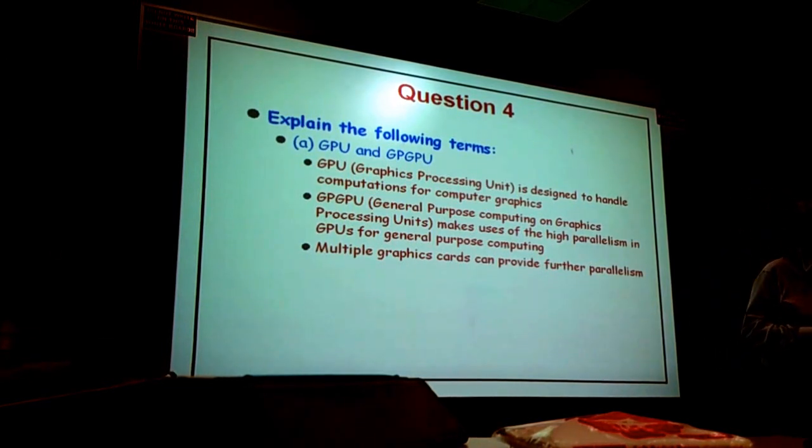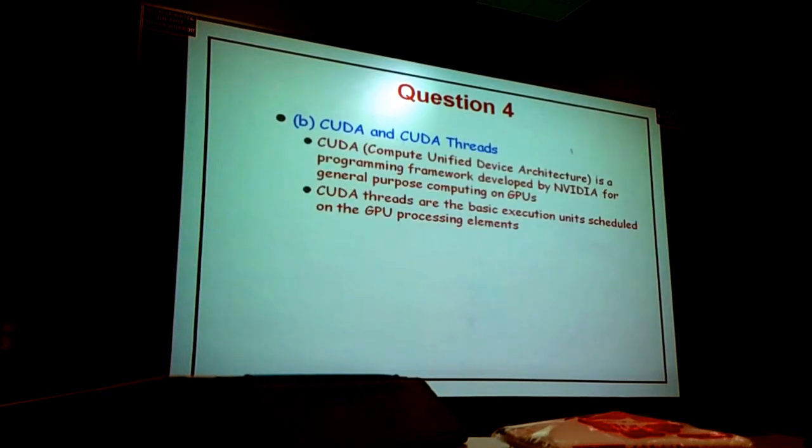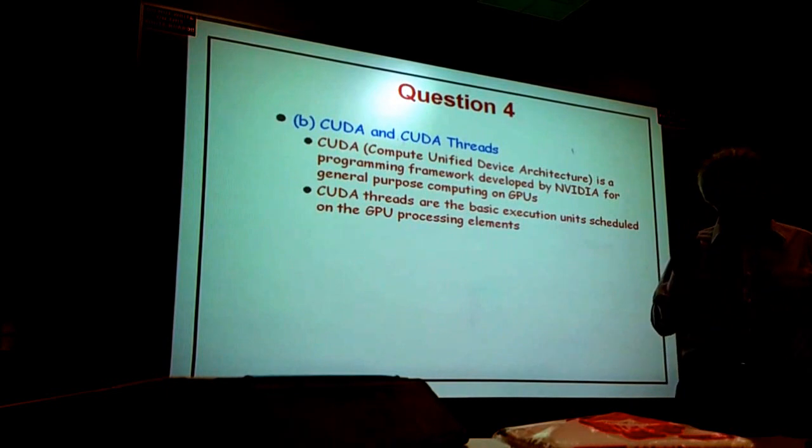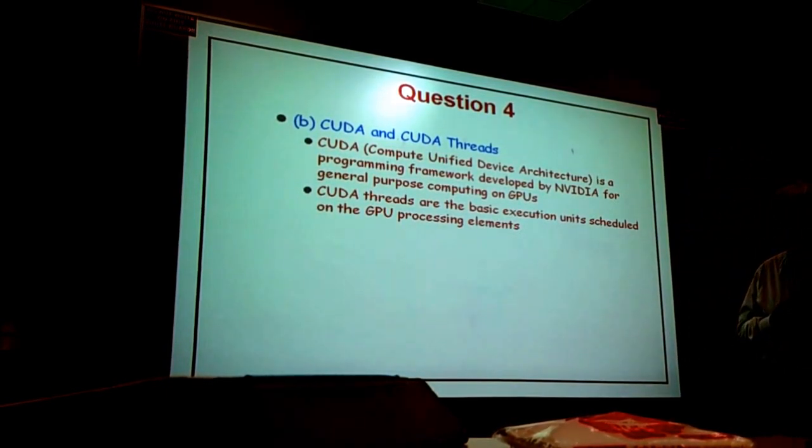When GPUs were first used for general purpose computing, the way you program the GPU was not very easy, because the GPUs weren't designed for general purpose computing, they were just designed for graphics processing. But when they started to be used for general purpose computing, different programming models or programming frameworks were developed to help programmers write general purpose programs on GPUs.